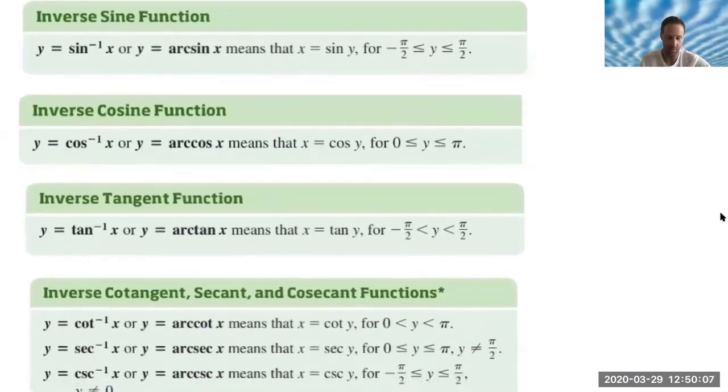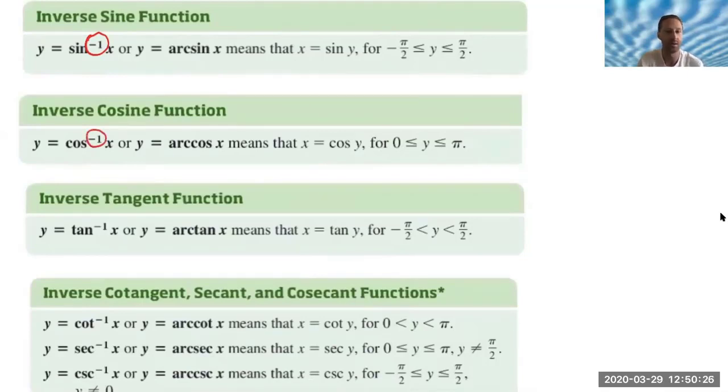And so I just have the charts here for you in the summarization of all the stuff that I just explained. And remember, we write inverse as the -1. And notice we put it after the sine or the cosine because that's what we're using the inverse of, not the actual angle x.